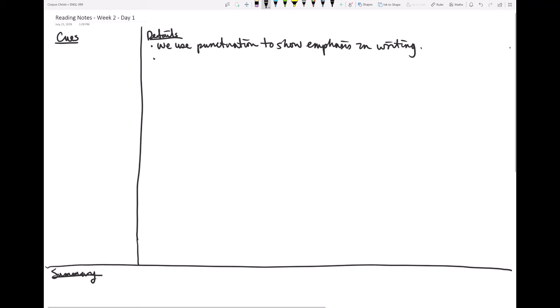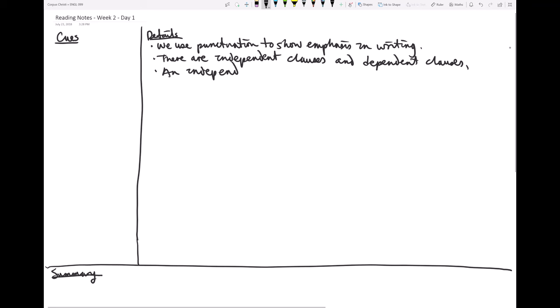Another detail might be, there are independent clauses and dependent clauses. And you might write about what each type of clause is.